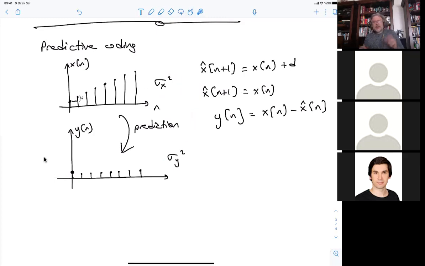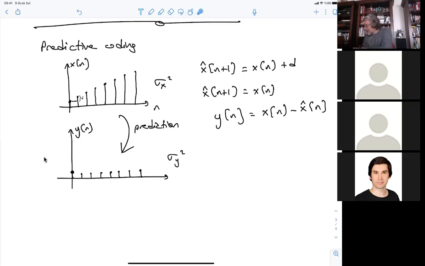So by predictive coding, what we are going to do is try to make a prediction of the next sample by taking a look at the past samples. It doesn't have to be taking a look at only the most recent sample. It may be more than that, essentially.